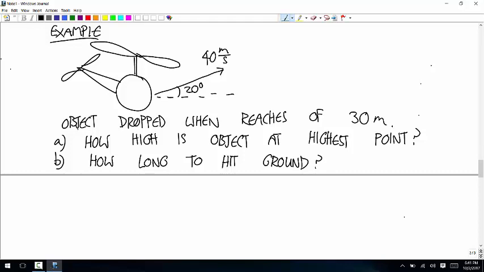And if you think about what would happen if you launched something like that, then it makes sense that it's going to go up a little bit higher before it starts falling back. That's what's going to happen here because the starting velocity of the object is the same as the velocity of the helicopter, and you know that because it says dropped.